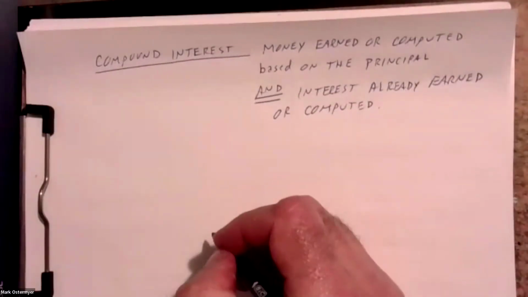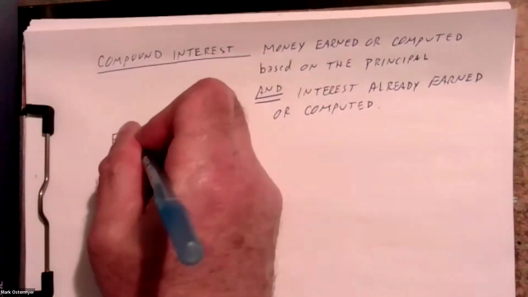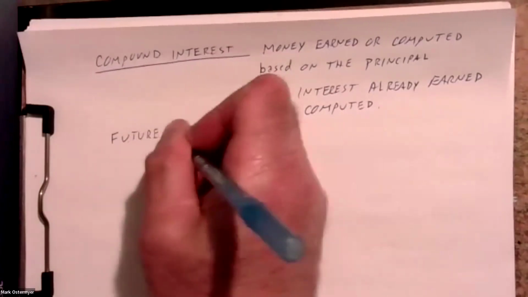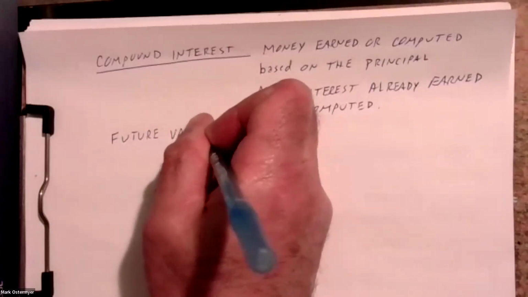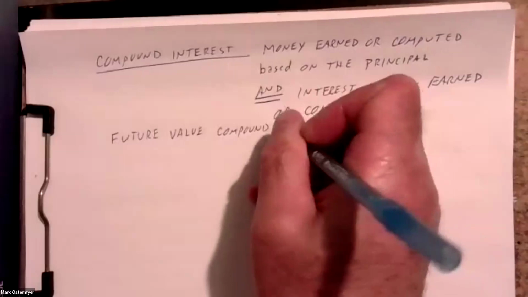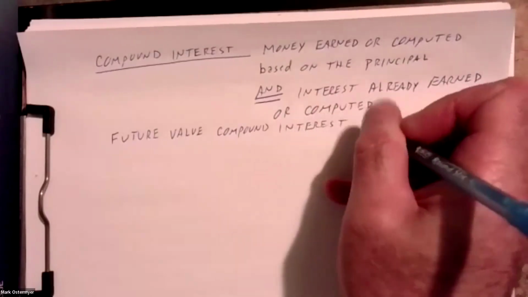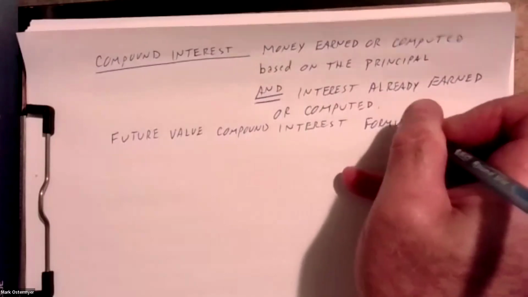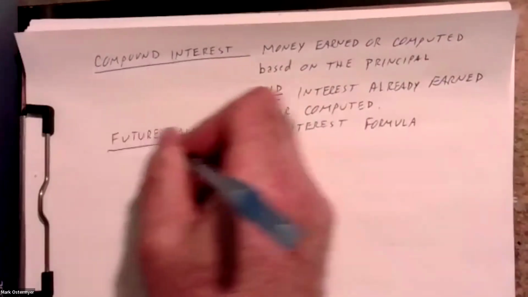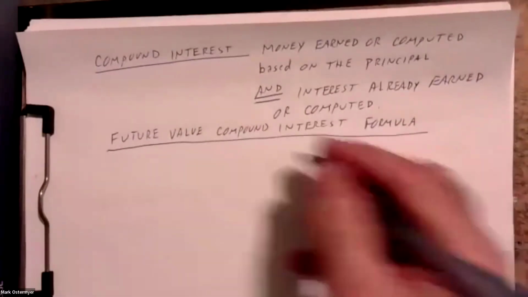And ladies and gentlemen, here is the future value compound interest formula. Just like we had a formula for the future value for simple interest, we have a formula for the future value for compound interest.